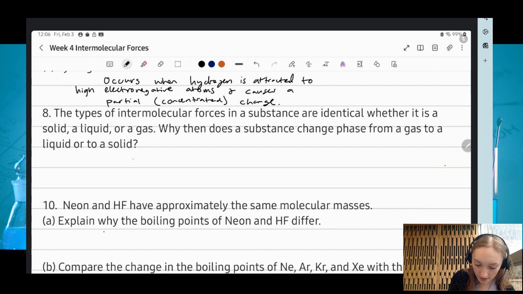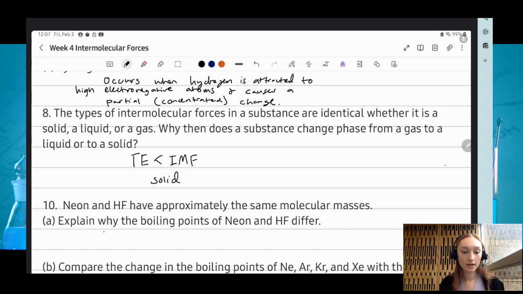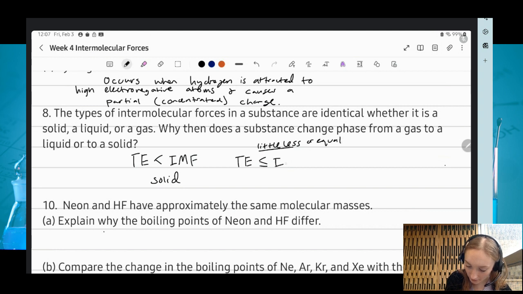So when thermal energy is much lower than the intermolecular forces, then that is going to produce a solid. When the thermal energy is a little bit less or equal to the intermolecular forces, and the intermolecular forces are the dispersion, the hydrogen bonding, or dipole-dipole, then that will be a liquid.